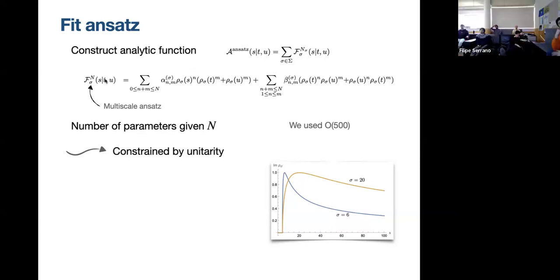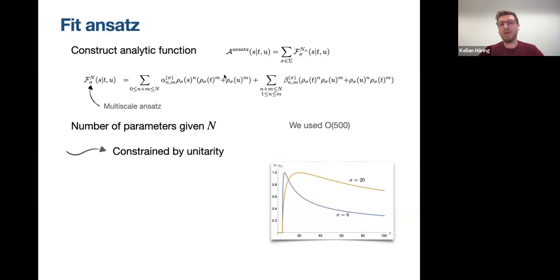But now, because it's only symmetric in T and U, here I give you the explicit construction that we use. And we have rho S times rho T plus rho U, and rho T rho U symmetrization. And so the parameters of the ansatz, the free parameters, are the alpha and this beta. And then here you see that we sum over a sigma.